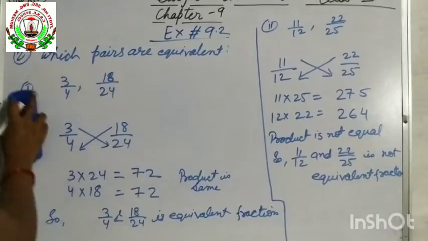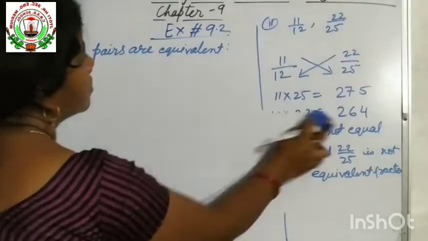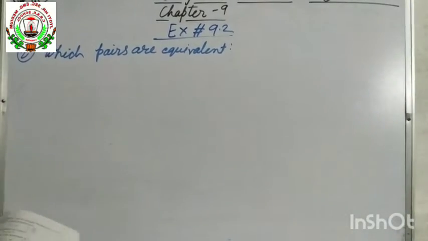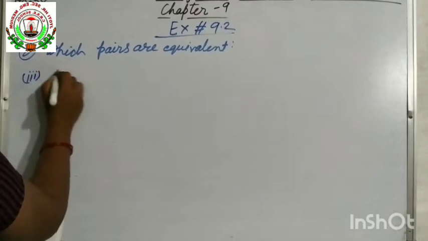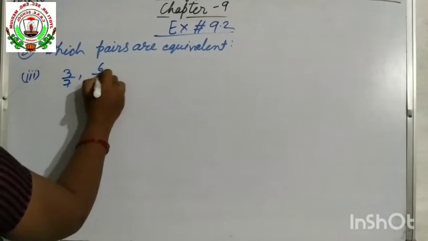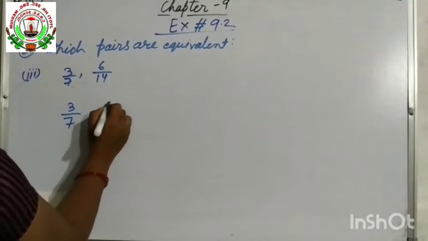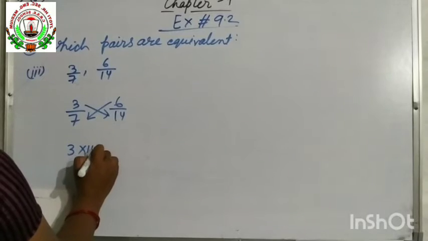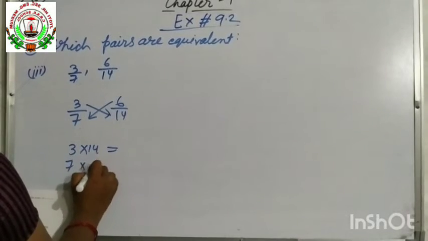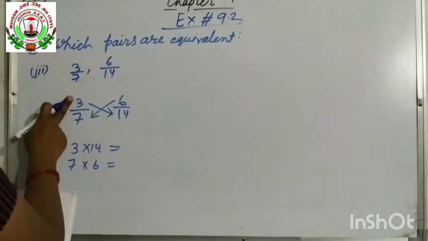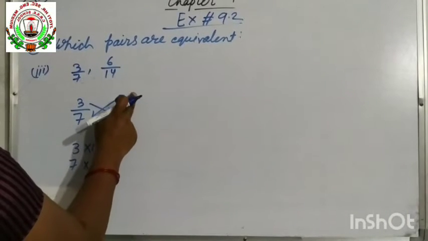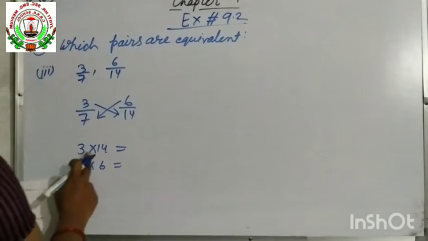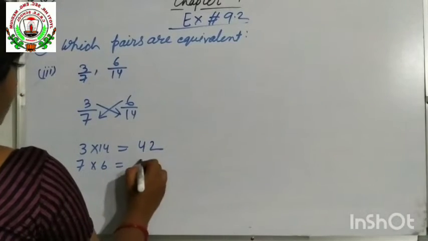One more question we will see. Number 3: 3 by 7, 6 by 14. Now 3 into 14 and 7 into 6. Look here again: first fraction numerator into second fraction denominator, and second fraction numerator into first fraction denominator. Now 14 3 ja 42, 7 6 ja 42.